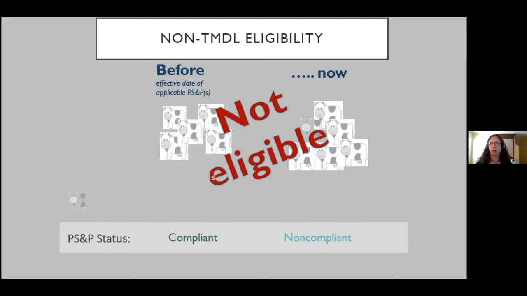It was in compliance at the time the performance standard went into effect. So in order to be eligible for a non-TMDL grant, the facility must be not now and never previously been in compliance since the effective date of the applicable performance standard. If a facility falls out of compliance due to expansion, it is not eligible for a non-TMDL grant.